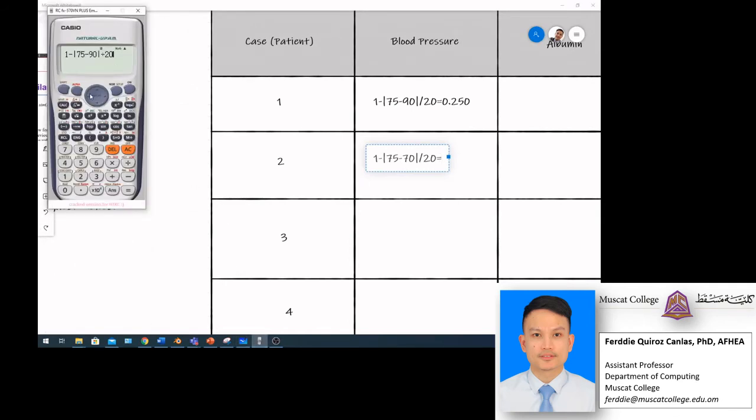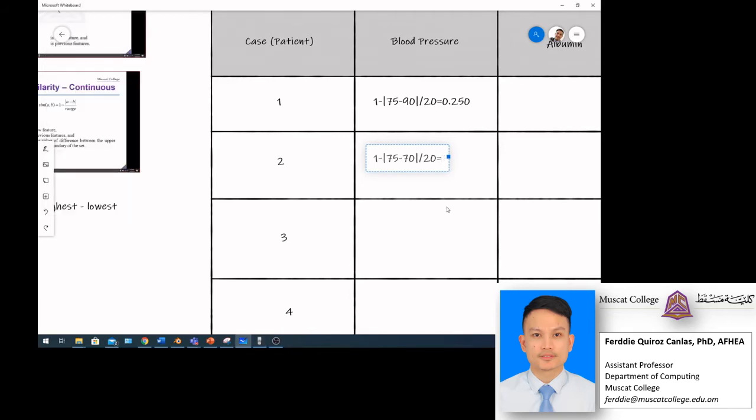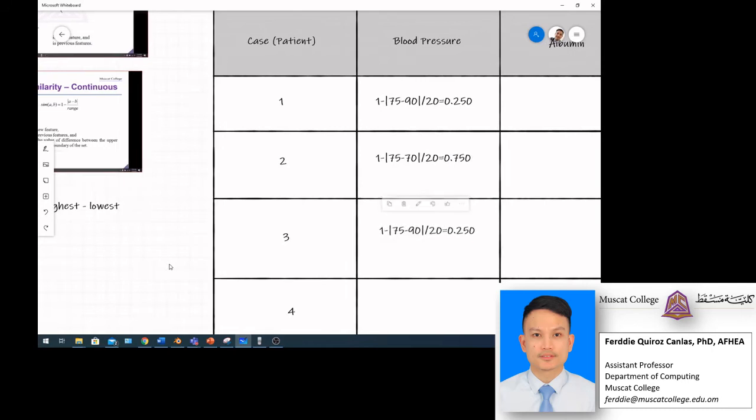So let's try to move here. Let me replace 75 with 70. So I will get 3/4, which is 0.75, 0.750. Then paste it again. What's the next value?